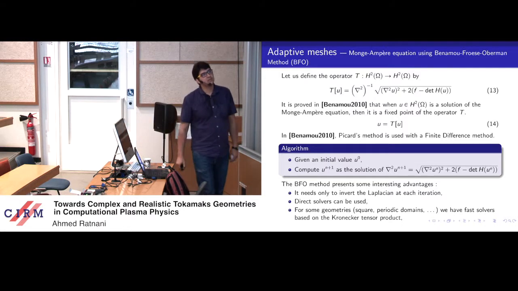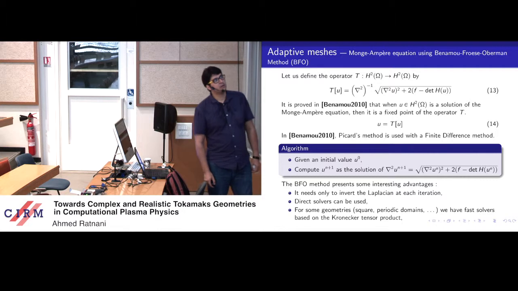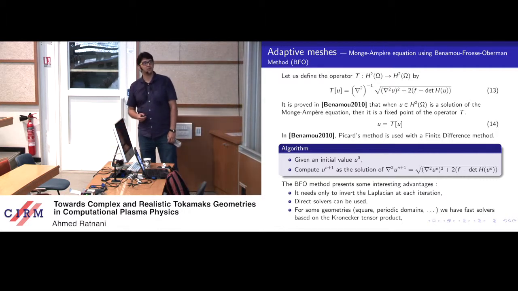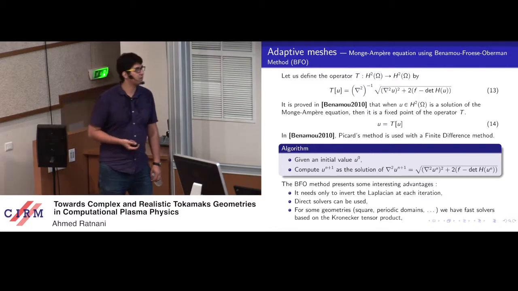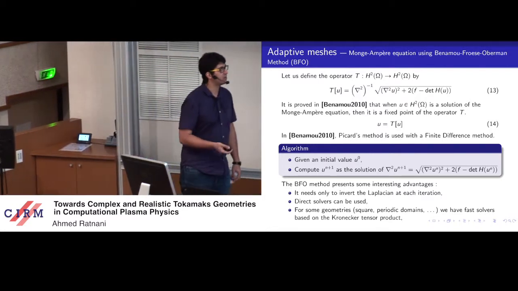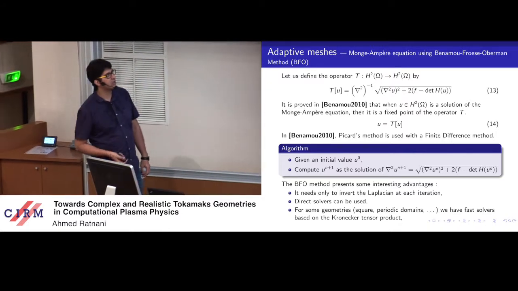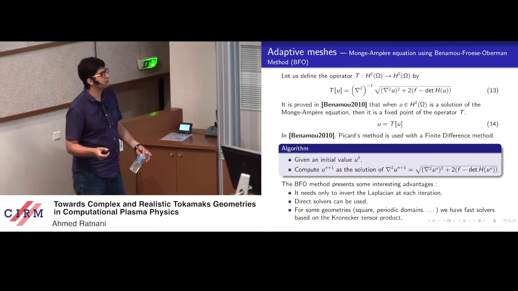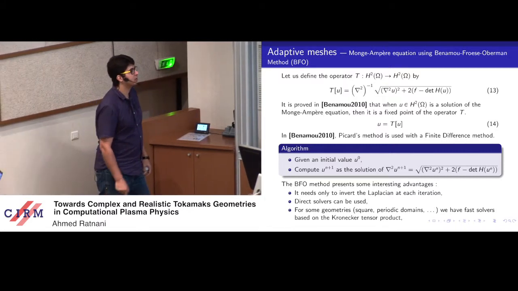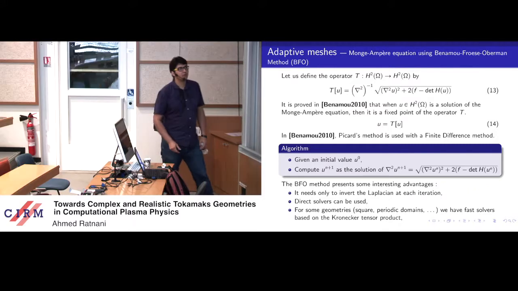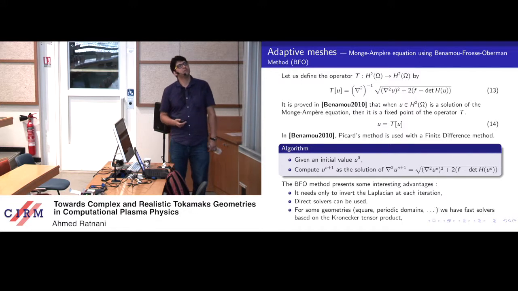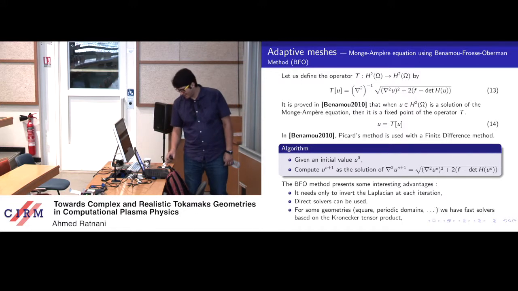So there are many advantages for this approach, especially the fact that I prefer to work with Laplacians, because we can derive fast solvers for Laplacians. You can have fast, nice algorithms like multigrid algorithms, or as I said, fast solvers using the Kronecker product. Yes, so this is what I like in Poisson.